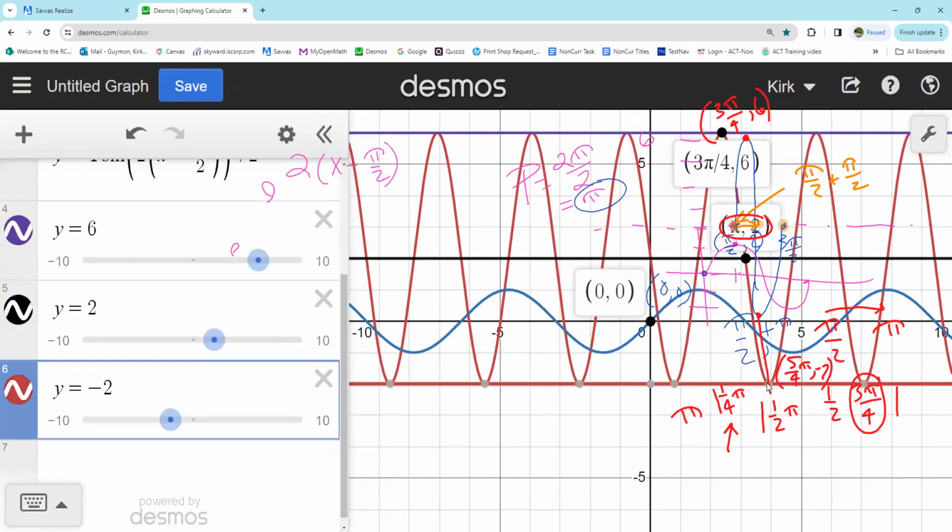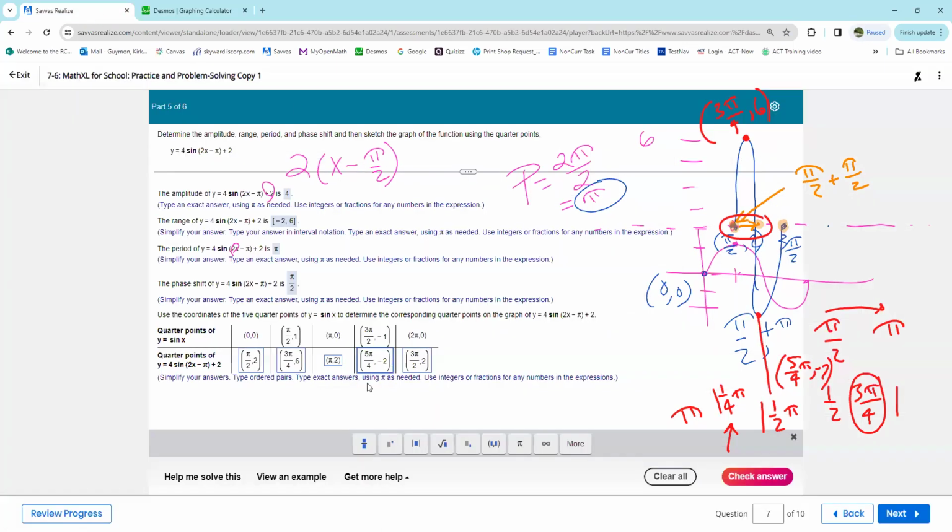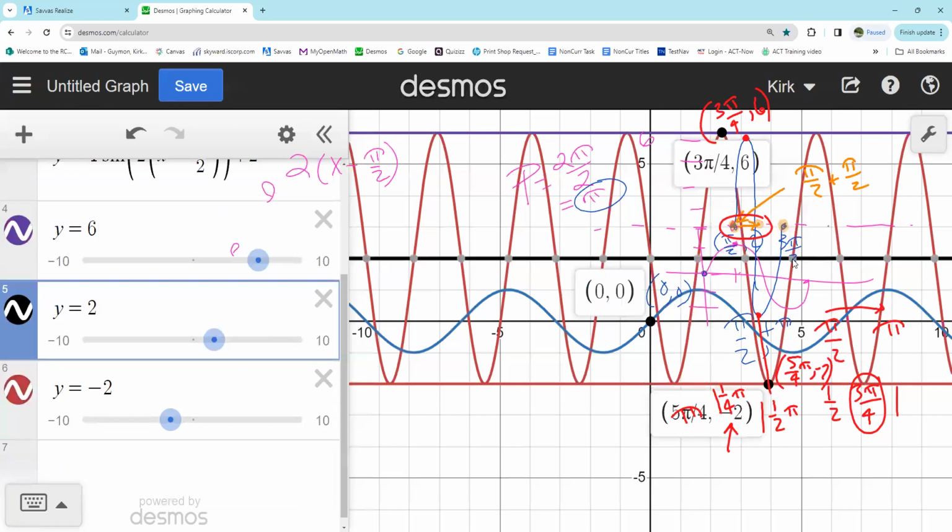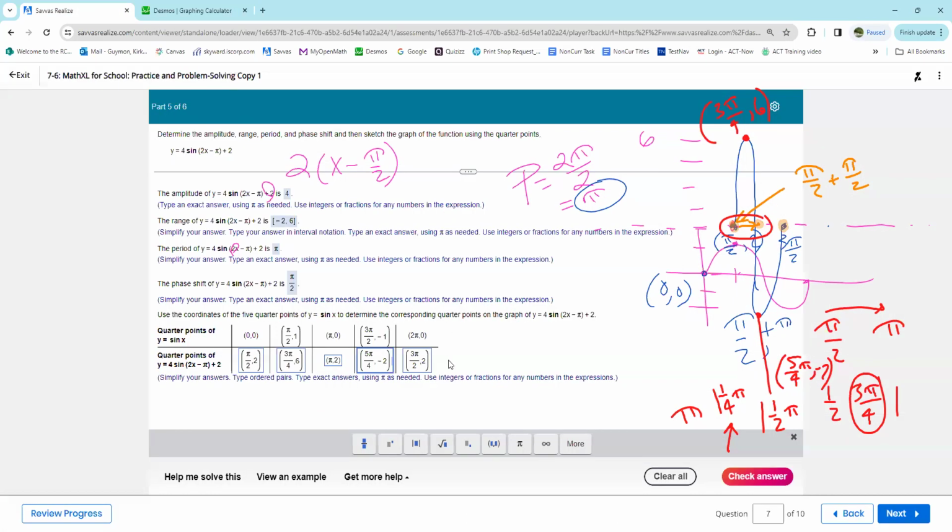My low point down here, the symmetry, 5 pi over 4, -2. And then lastly, back to my midline, hard to read some of these, where I've got 3 pi over 2, 2. So I'm feeling pretty good when I put all those in and graphed it.